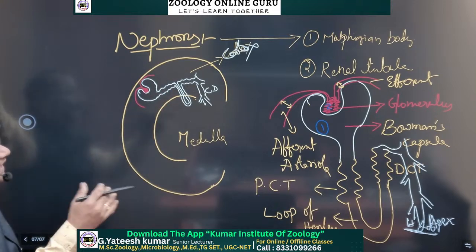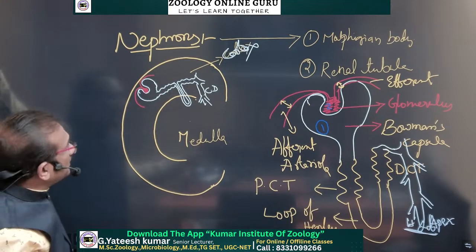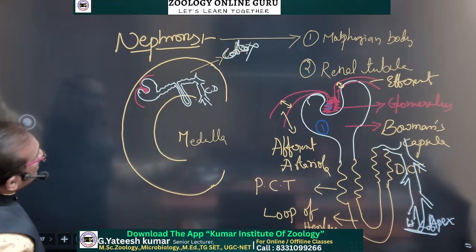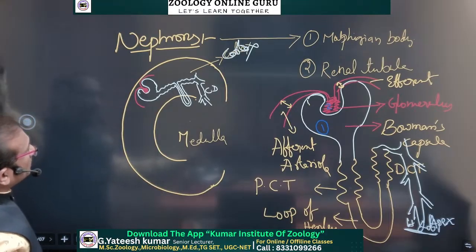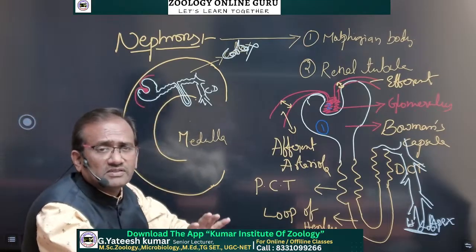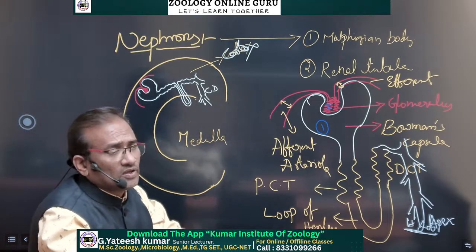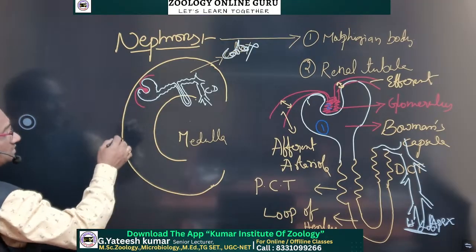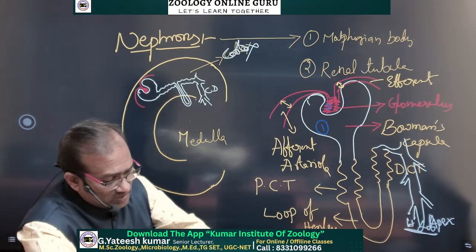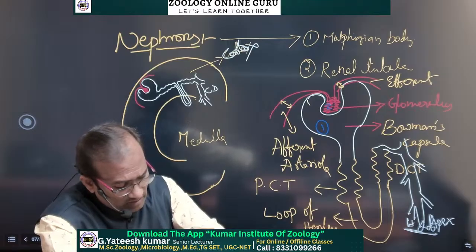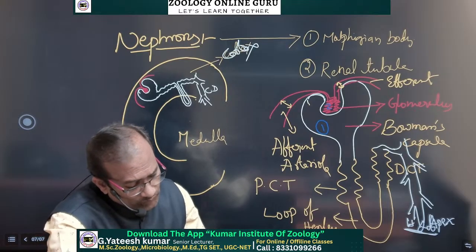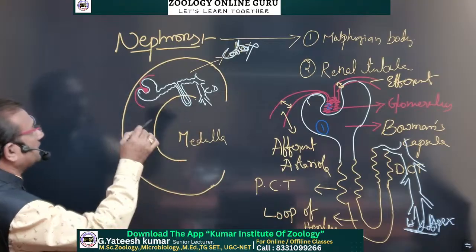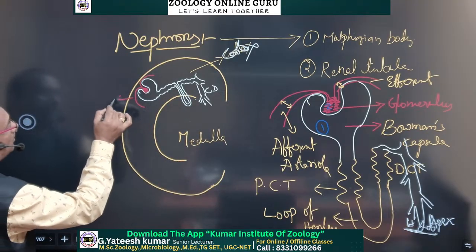This is one type of arrangement. Based on the arrangement or location of the nephrons, nephrons are of two types. One is the nephrons which are present in the cortex area. They are known as cortical nephrons.